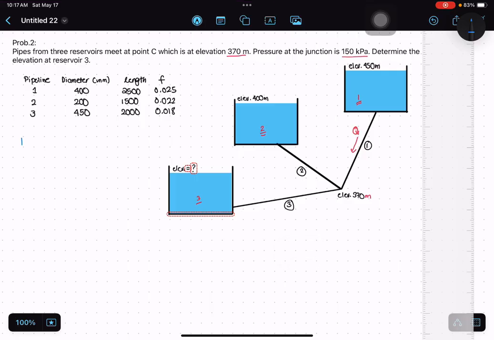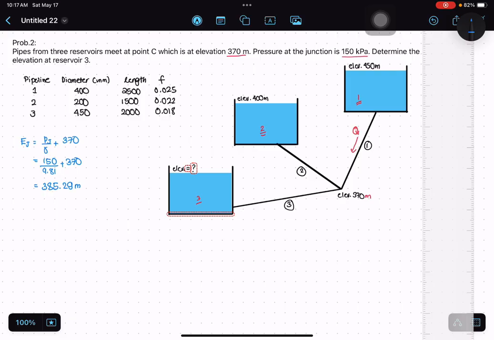Okay, so to conclude, kailangan muna nating isolve ang pressure total energy at the junction. And to do that, it's just the sum of the pressure at the junction plus the elevation. Wala siyang velocity. So ang junction, yung pressure niya, 150 over 9.81 plus 370, so you have 385.29 meters.